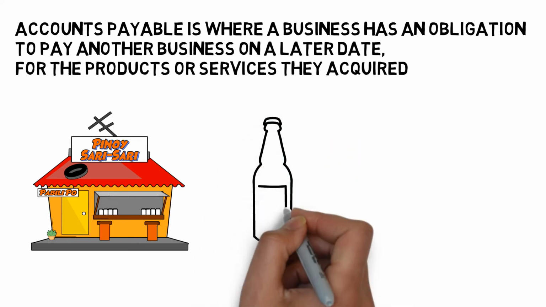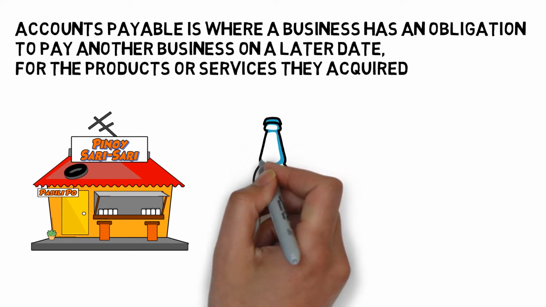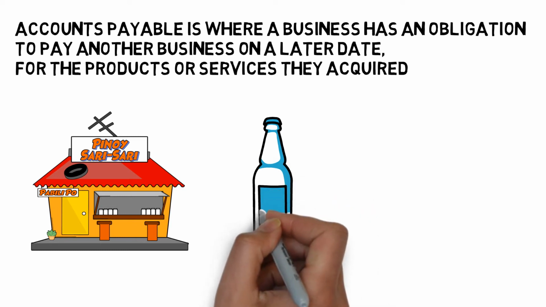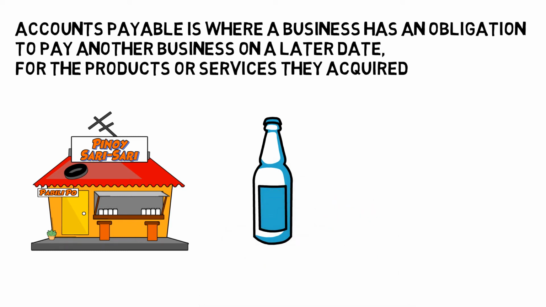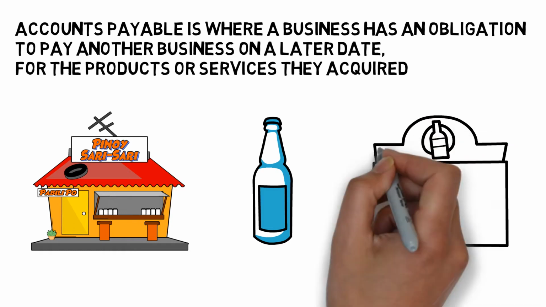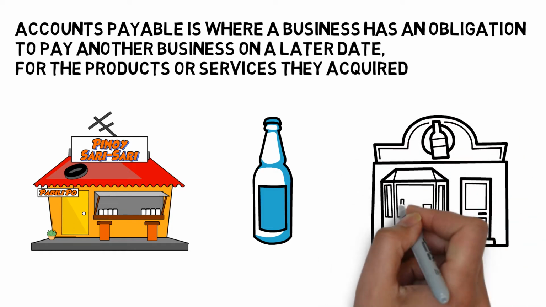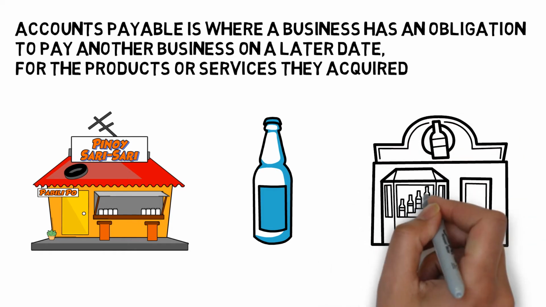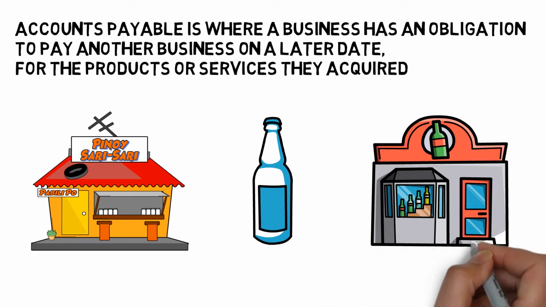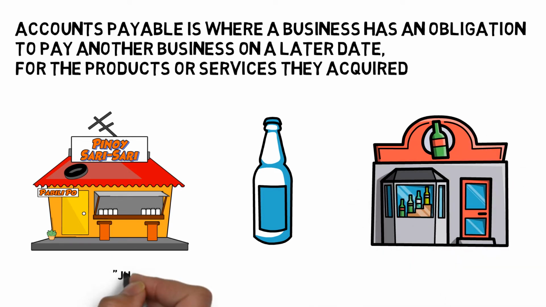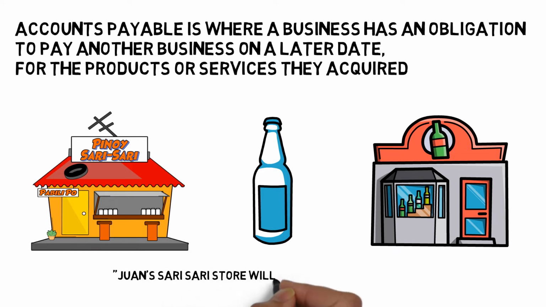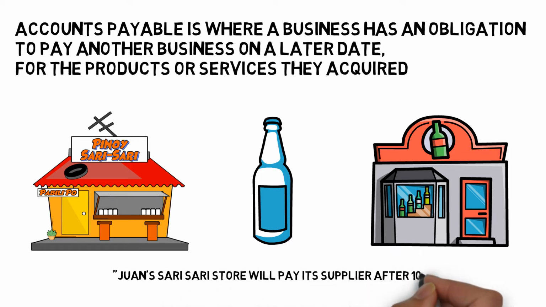Once the soda products are delivered by their supplier, the sari-sari store will pay their supplier after 10 days based on their terms of payment. This business transaction where the sari-sari store pays for the soda products at a later date is accounts payable.